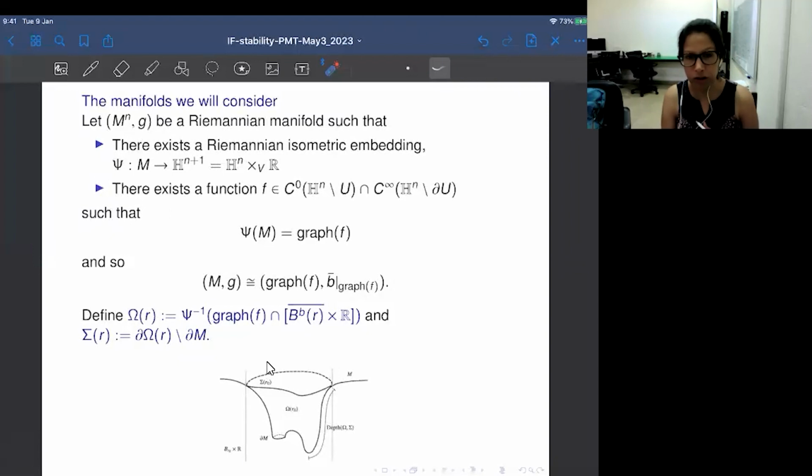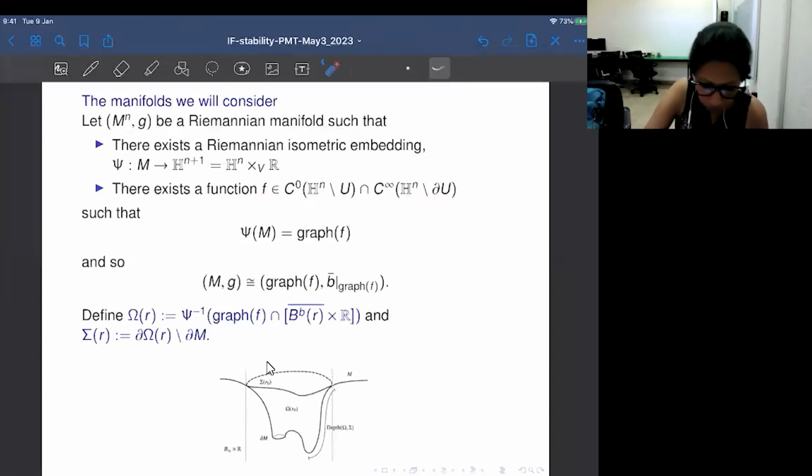I will give the definitions later, but the class of manifolds that we will consider are manifolds that are embedded in the hyperbolic space of dimension n+1. So this is an isometric embedding. And furthermore, our manifold, once it's embedded, we can see it as a graph of a function f. So here's my function f, and f is continuous up to the boundary, and f is smooth outside the boundary.